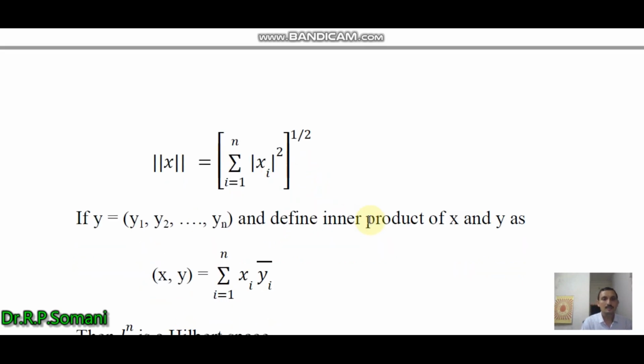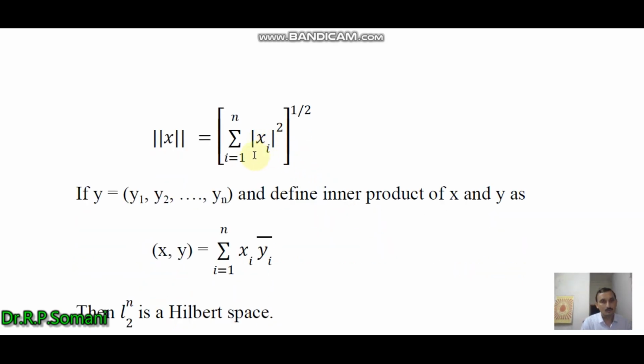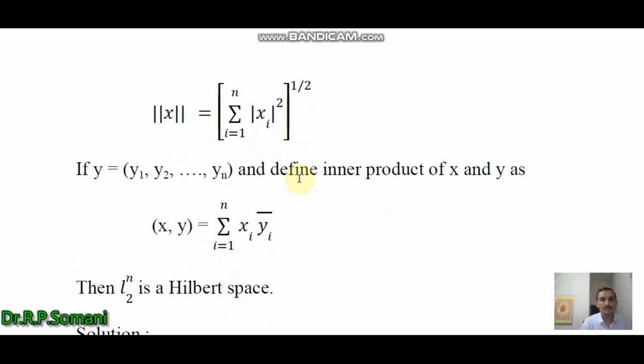So this is the definition of the norm of x, and the definition of the inner product is that if y equal to y1, y2, ..., yn, then we define the inner product of x, y as the summation, i varying from 1 to n, of xi yi bar.